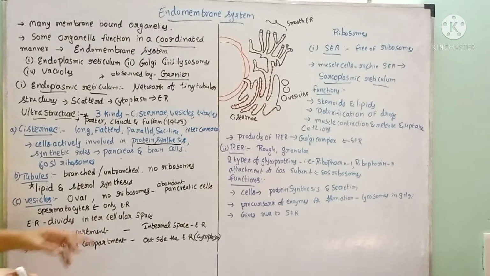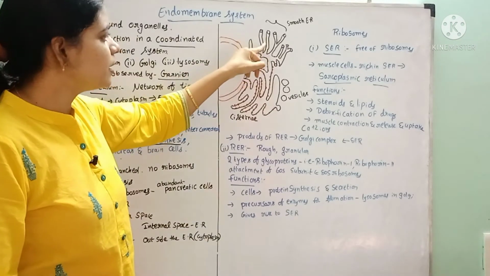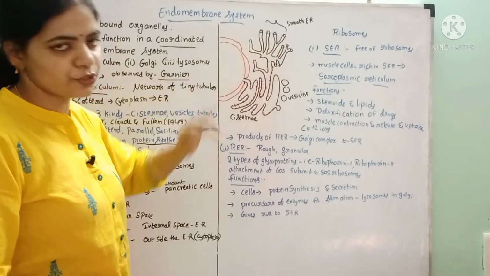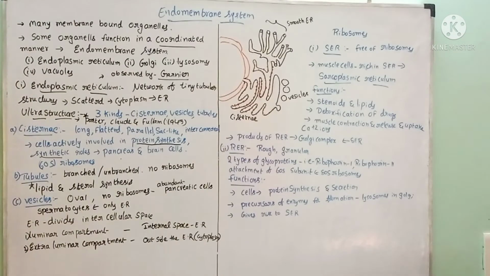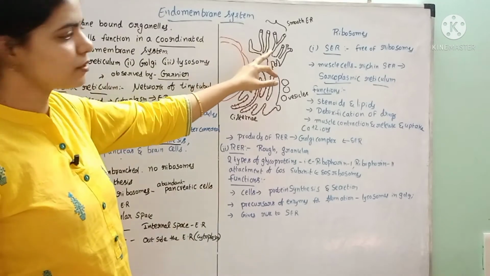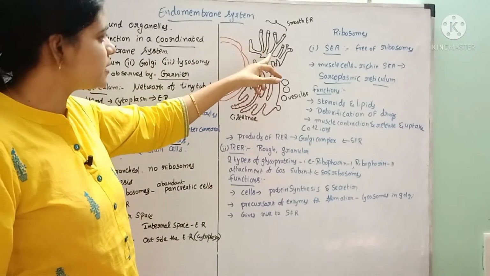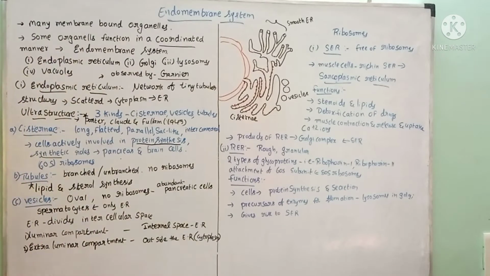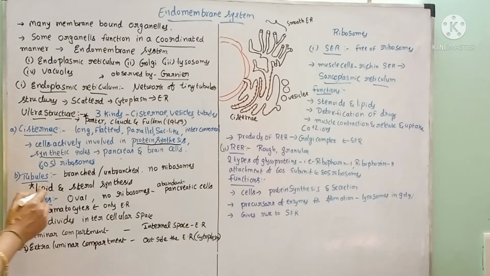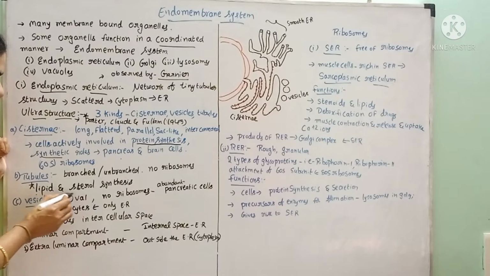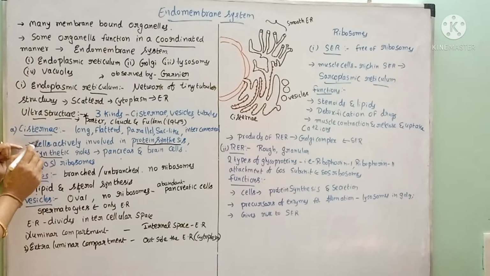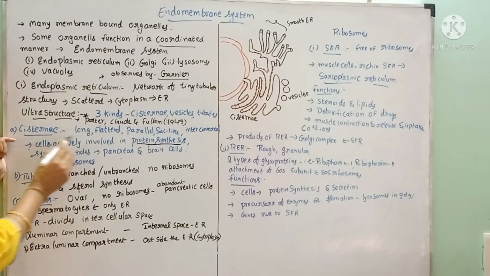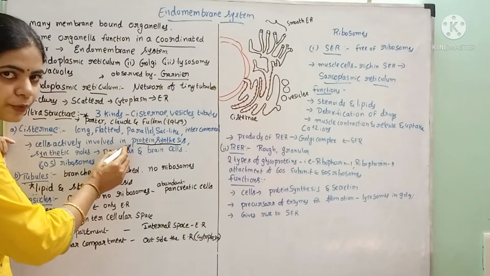The next one is the tubules. They may be branched or unbranched structures. These tubules have no ribosomes. Tubules are present in the cells which are involved in lipid and sterol synthesis, whereas cisternae are present in the cells actively participating in protein synthesis.